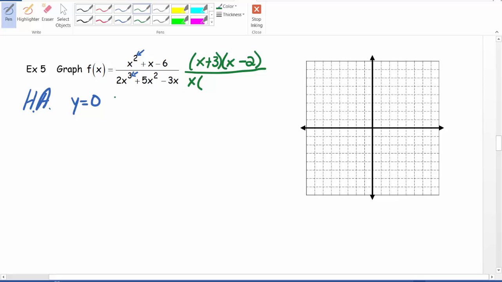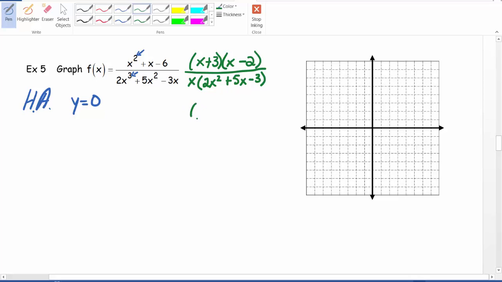When we do that, we're left with 2x squared, because we pulled a single x out of this first term, plus 5x, minus 3. So again, just pulling an x out of all of these individual terms. It looks like we can possibly factor this even further.